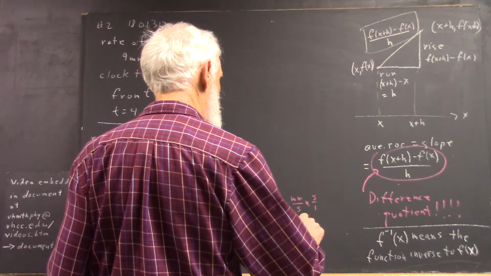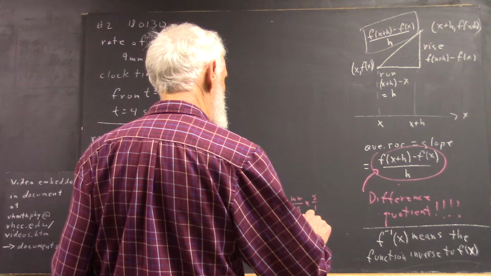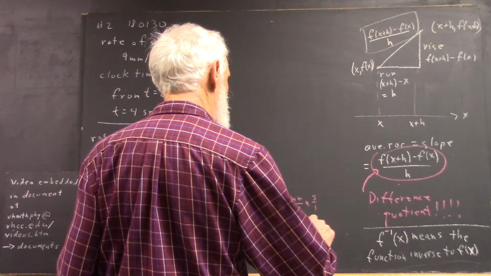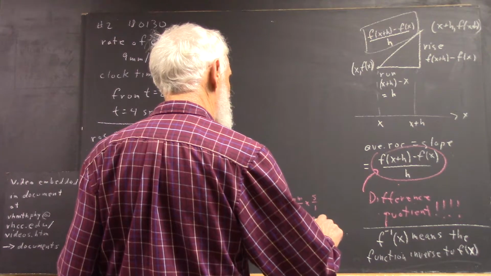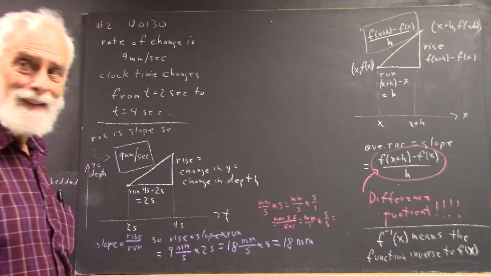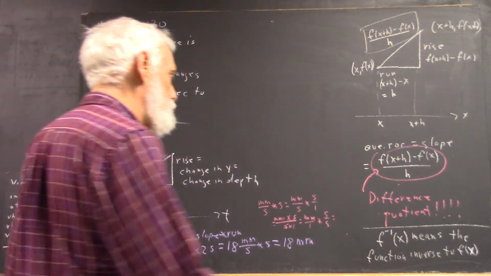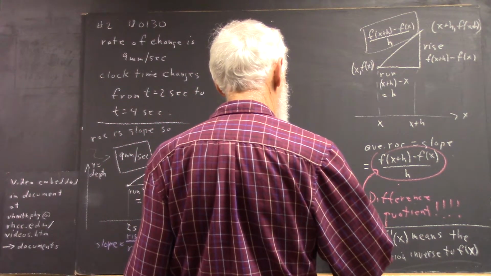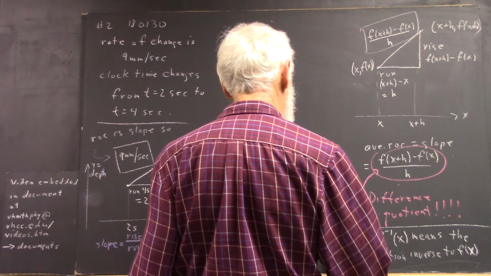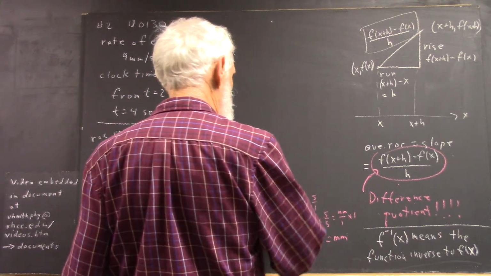And seconds over seconds is 1, so that's millimeters over 1 times 1, which just equals millimeters.